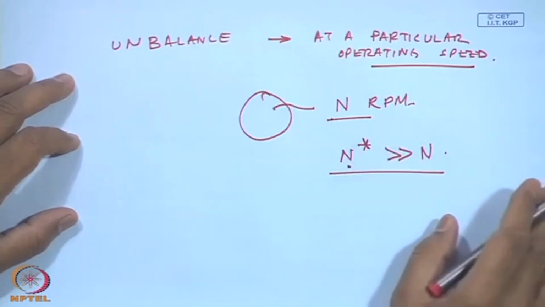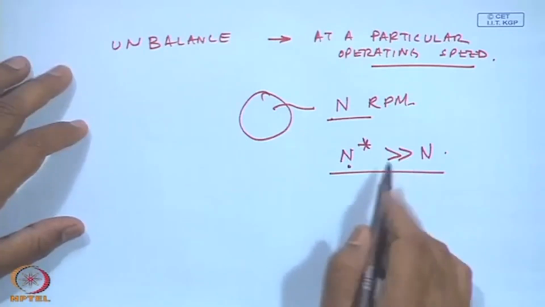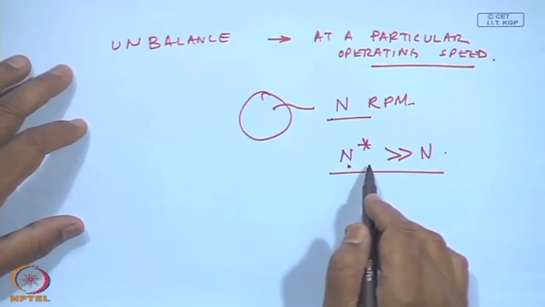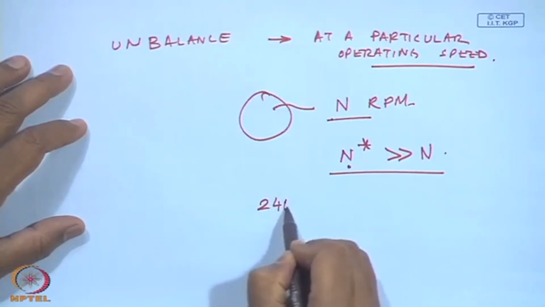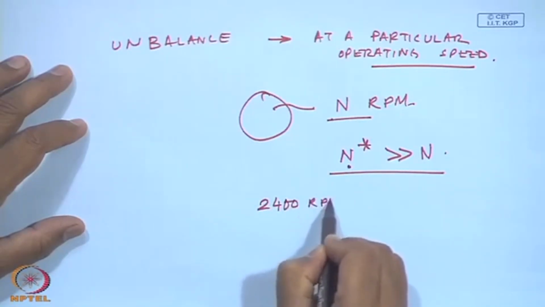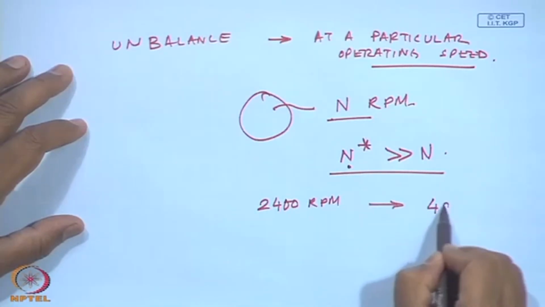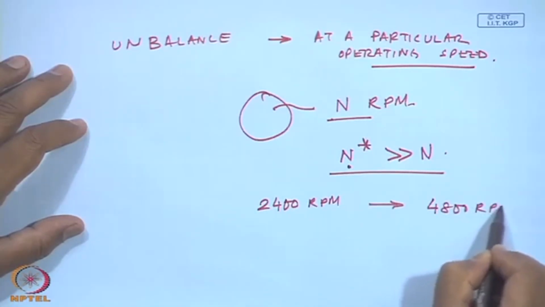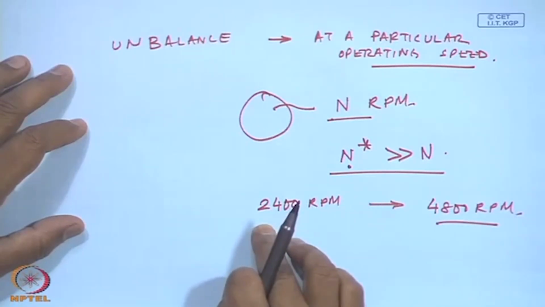So, it is always safe to balance a system at its operational speed. Otherwise, if I balance it at 2400 RPM and then try to operate it at 4800 RPM, I am magnifying the amount of residual unbalance which is there.